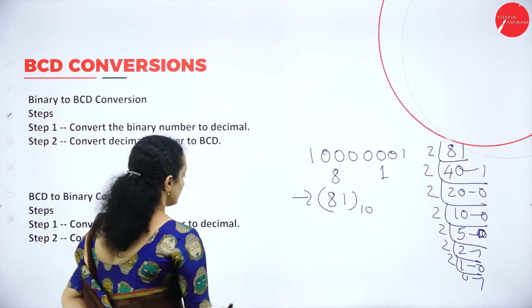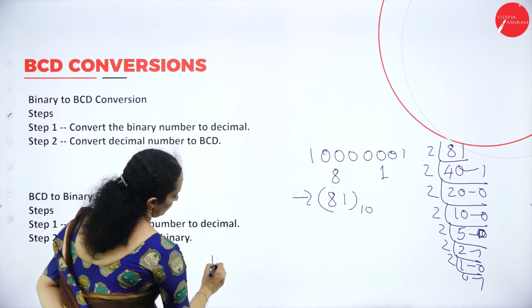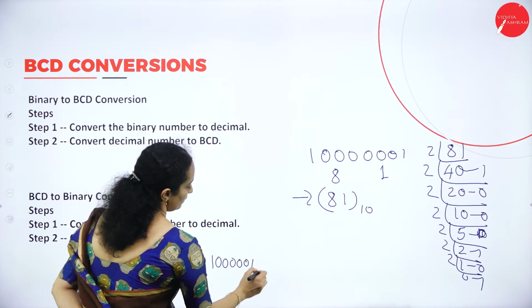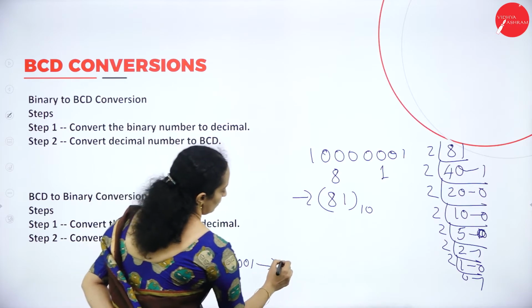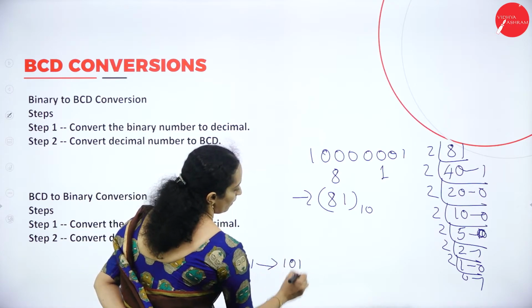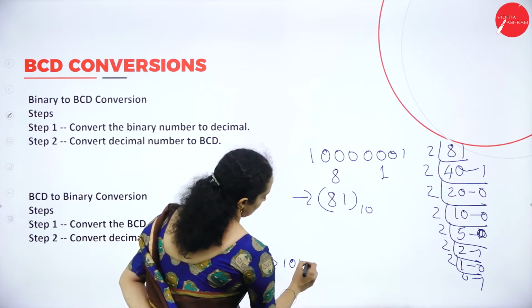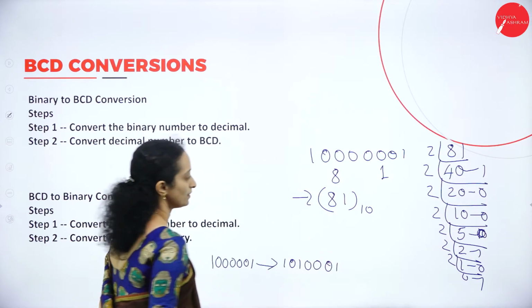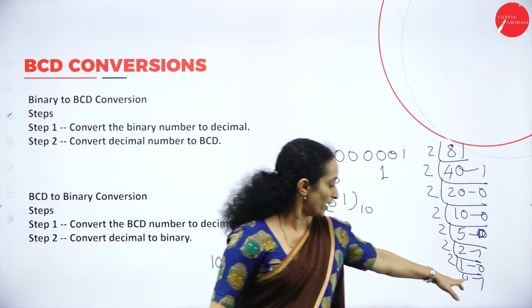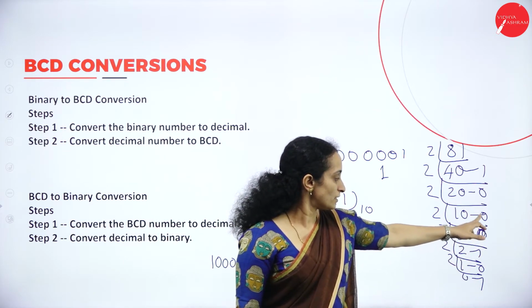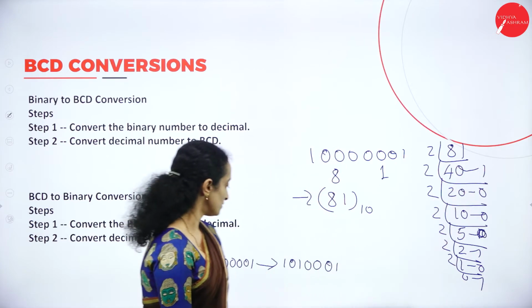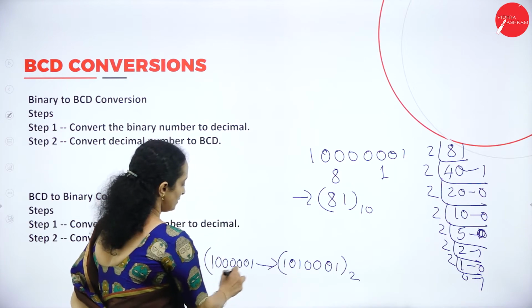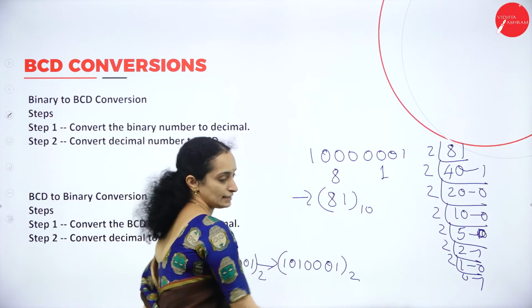Okay, the binary equivalent will be 1010001. Okay, so this will be the binary equivalent of this BCD.